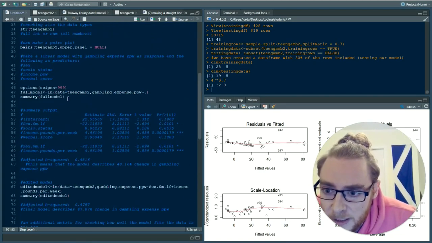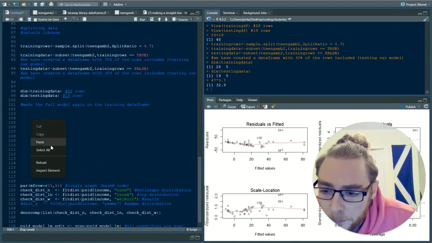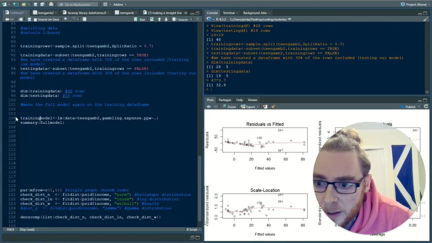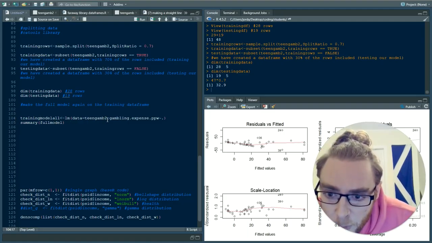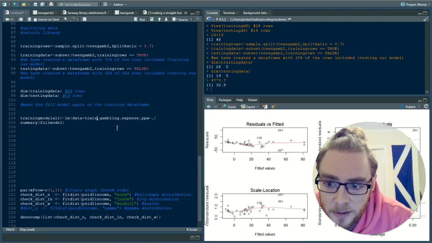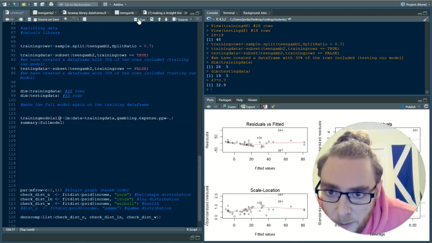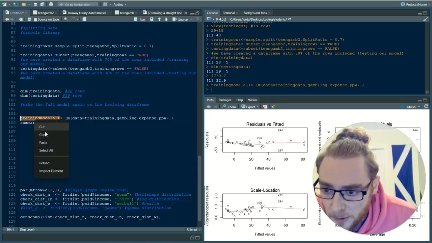Okay, so I will just again copy paste this and we'll call this one training model all. Switch this bit up, this is the only bit you need to change here, to training data. This response and predictors will stay the same here.